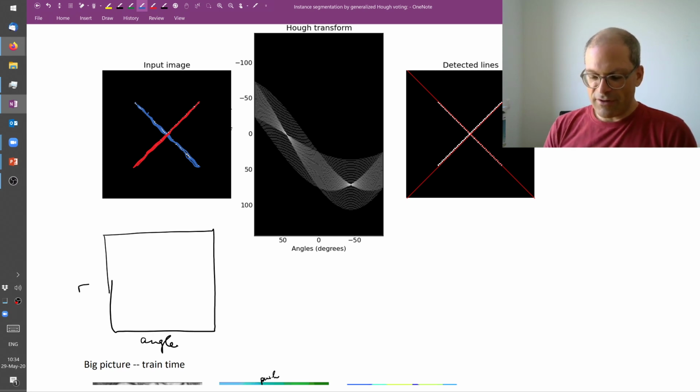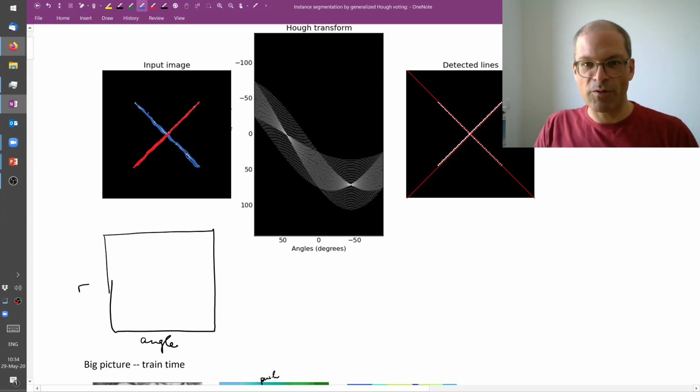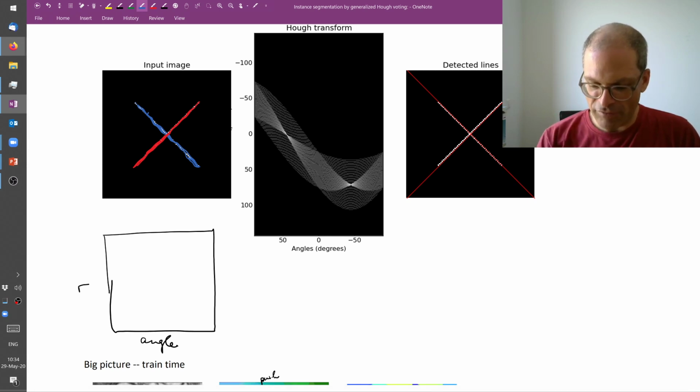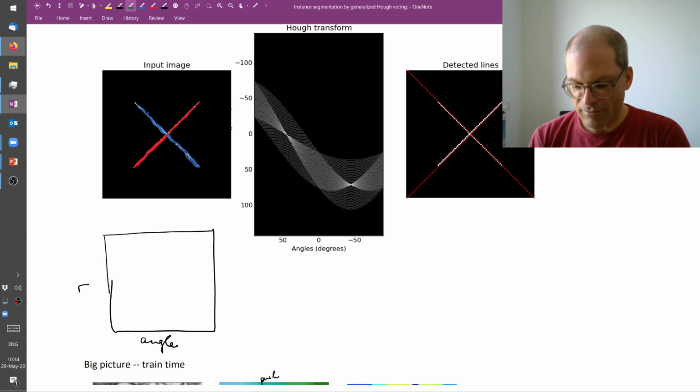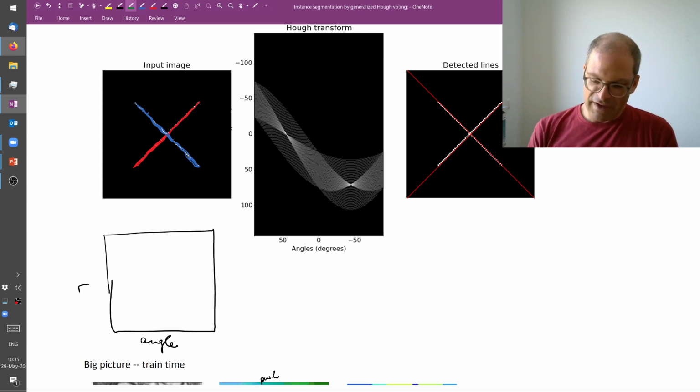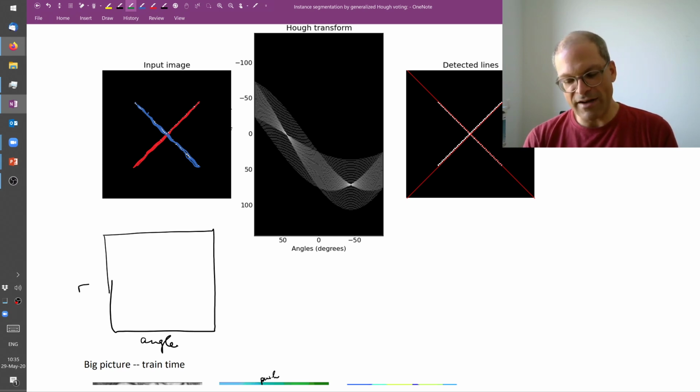And here, if ultimately the aim is that we want to distinguish any number of line segments that overlap each other in the image domain, and we don't really care about angle or offset or any such thing, then we can abstract the task one step further and say, all right, let's directly use this information to say that this mapping should be such that all the red pixels end up close together in some space and all the blue points end up close together in some space.